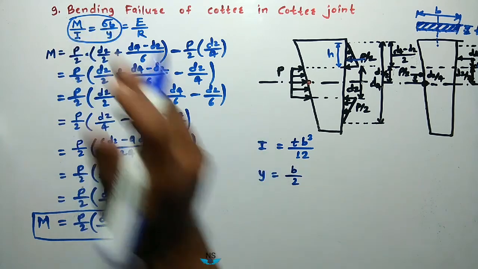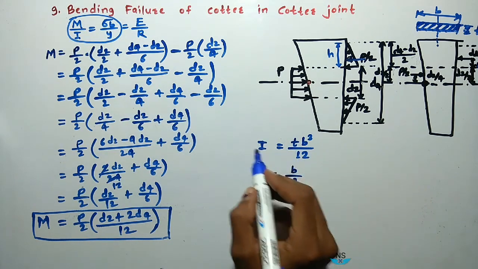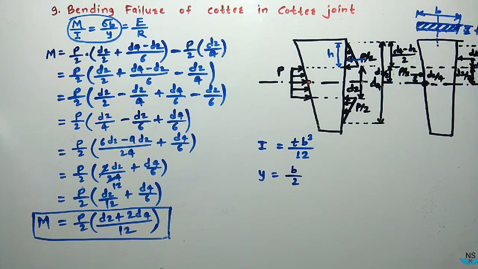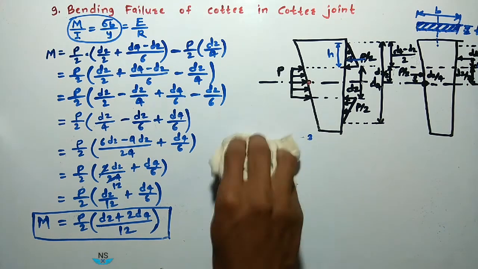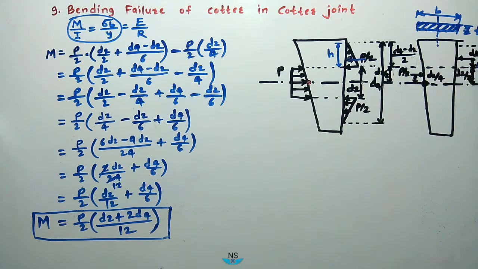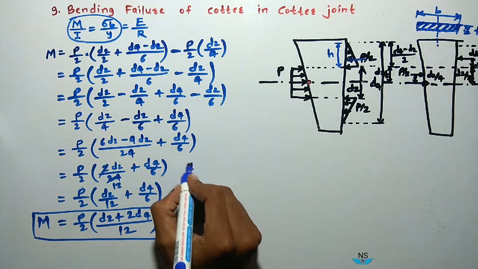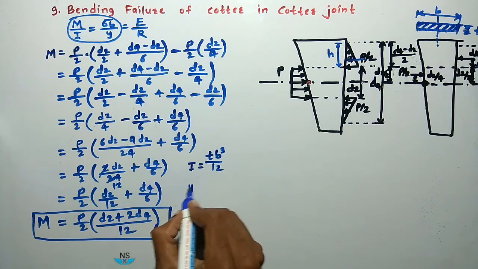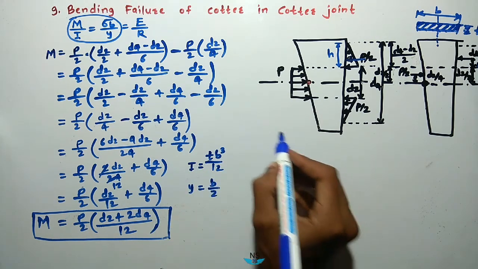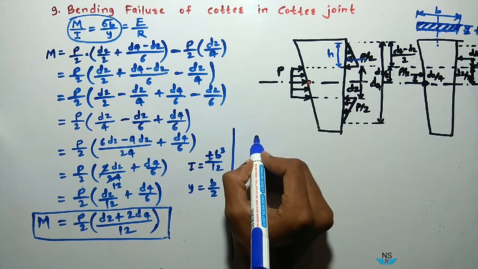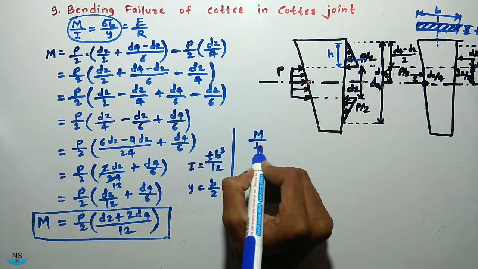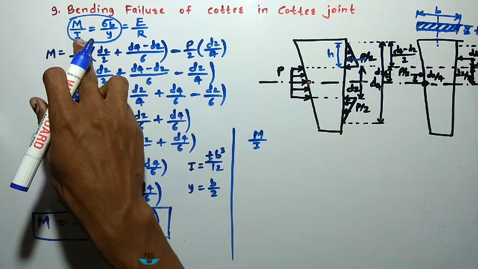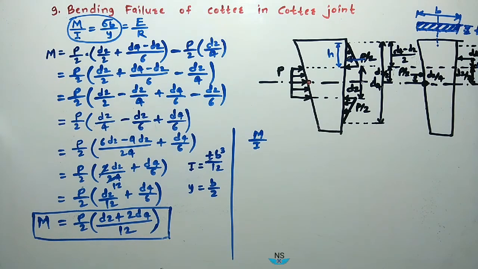Now use the bending equation. I will write these two expressions here. I is equal to T B cube divided by 12 and y is equal to B by 2. Now take the bending equation: M divided by I is equal to sigma b divided by y.